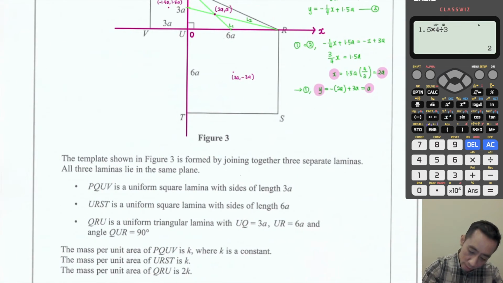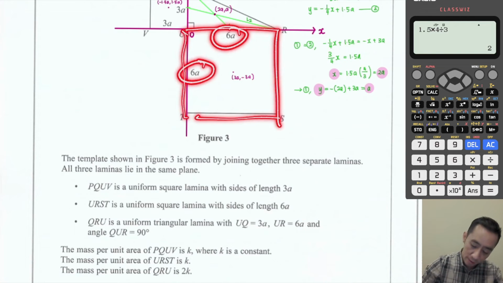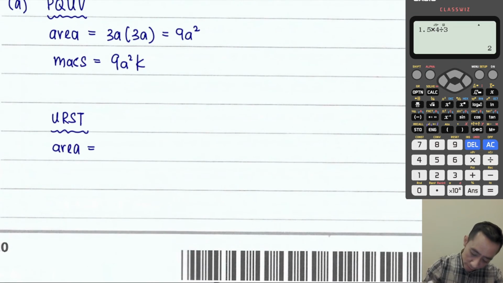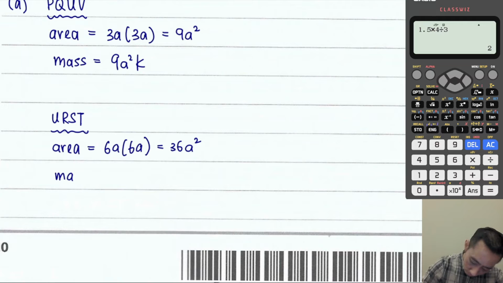So URST is here. It's a square where the side length is 6a, which means 6a times 6a, which is 36a squared. So the mass will be 36a squared k.